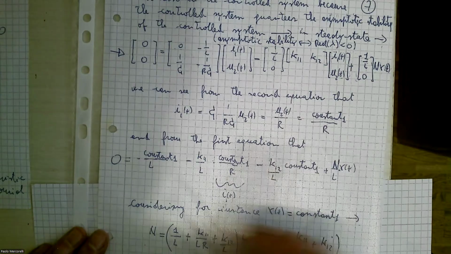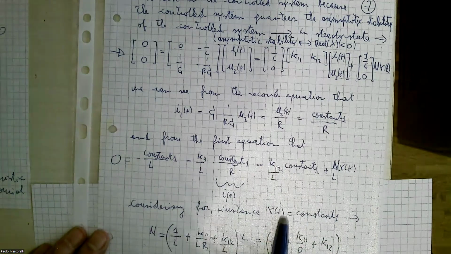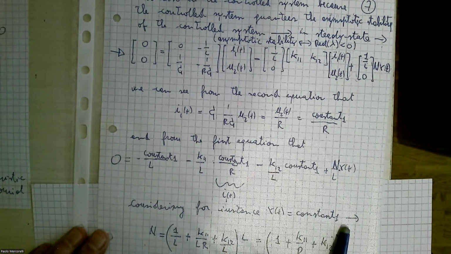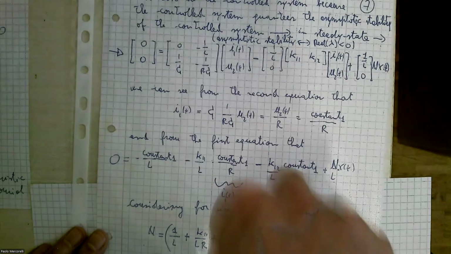Now, if you solve this equation, considering, for instance, that r of t is a constant 1, but not necessarily. We will see also next week this remark in more detail. But why not? I can put whatever I want.